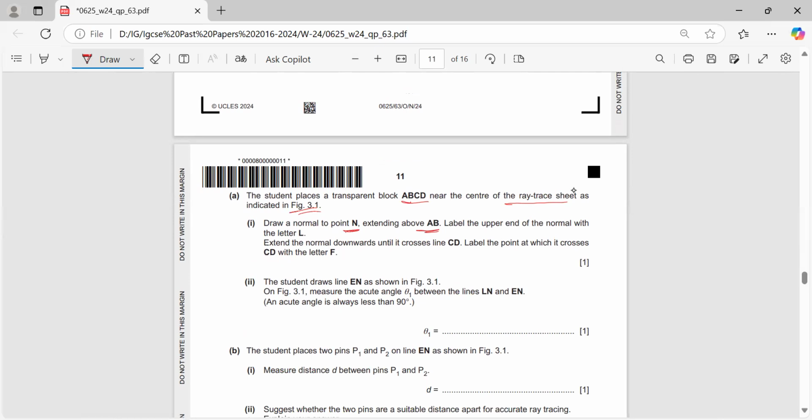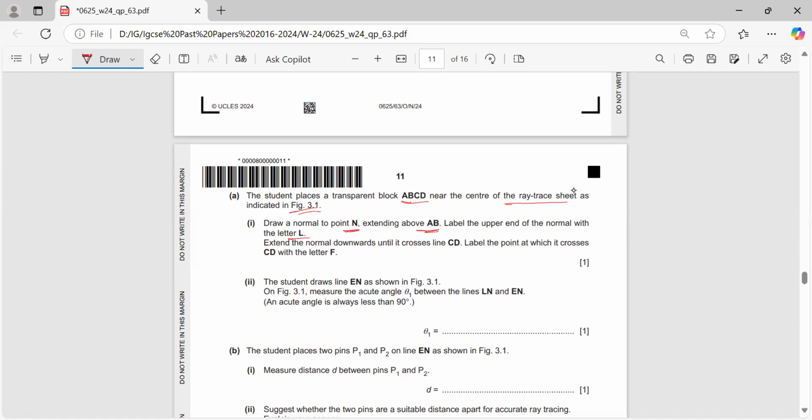Label the upper end of the normal with the letter L. We are not going to do anything from our side. Especially in paper 6, we have to just follow the instructions given by the examiner.